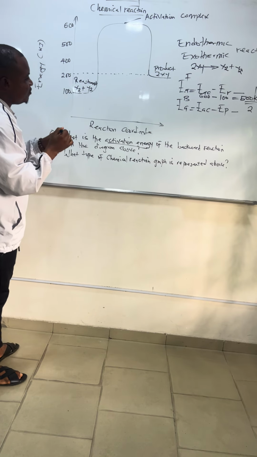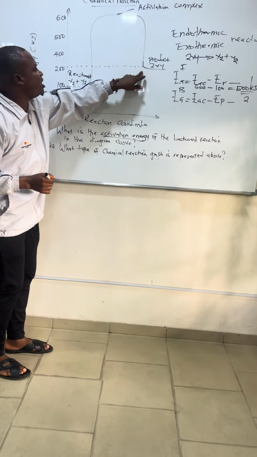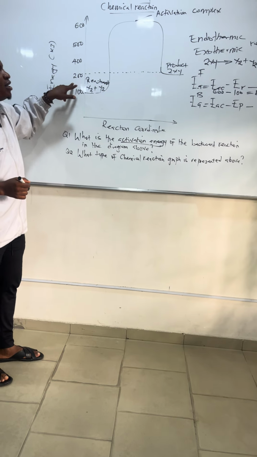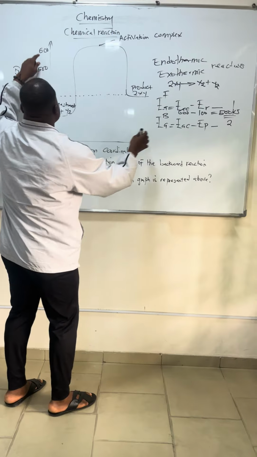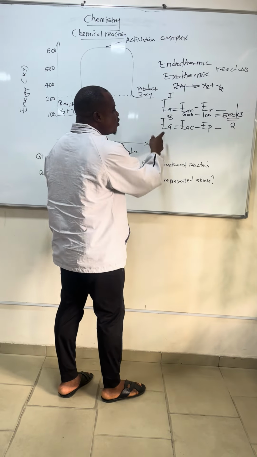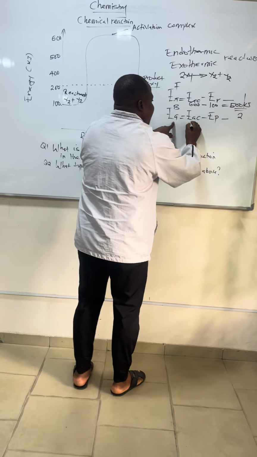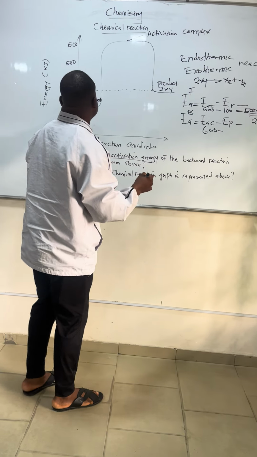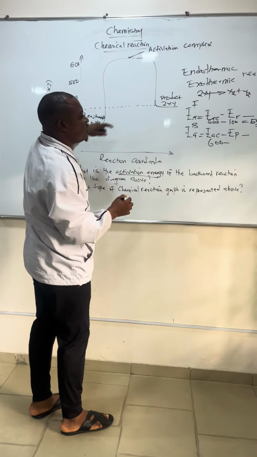Now, if you look at it from the tracing, the product is formed at 200. Now, the highest point is 600, which is the activation complex. So for the backward reaction, you say 600 minus 200, where the product is formed.